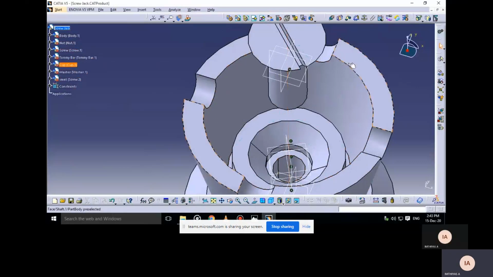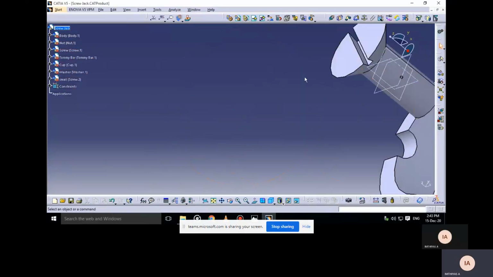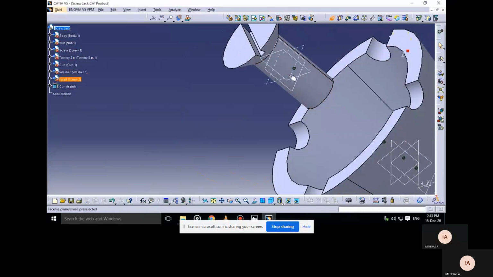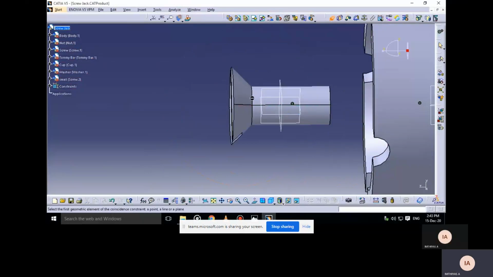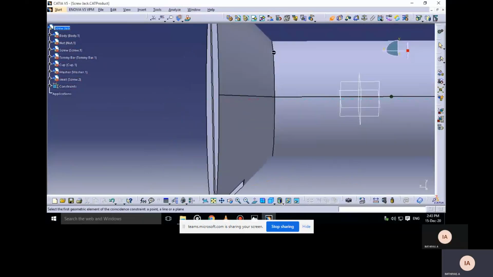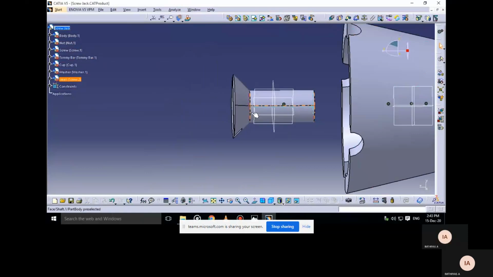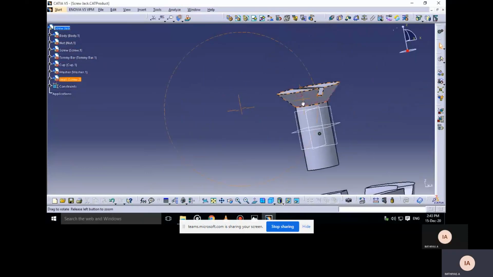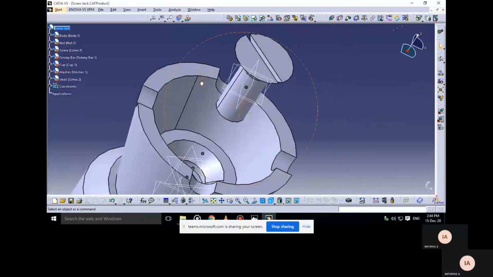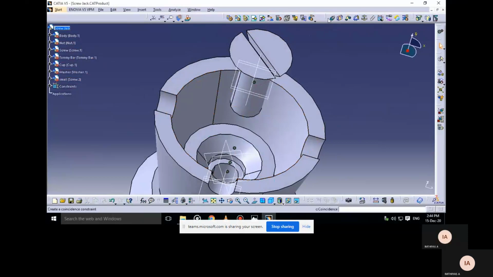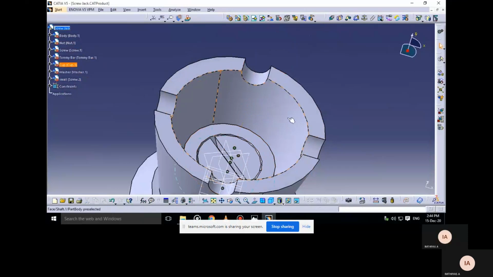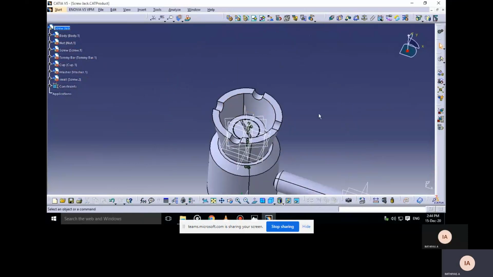The center line of the hole and the screw should be matched. Now, using the constraint, we can make this part fit with the hole. Now the part is fitted.